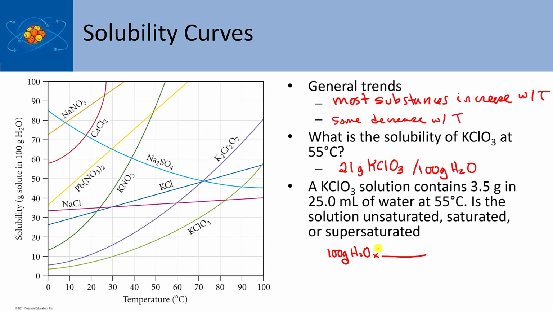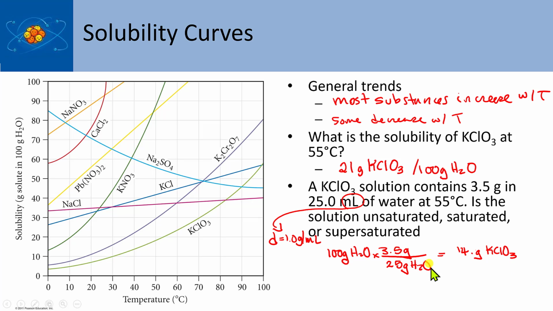We use 3.5 grams for every 25 grams of water, assuming that because it's water, the density is about 1.0 grams per milliliter. So I would have a total of 14 grams of KClO3 per 100 grams of water.